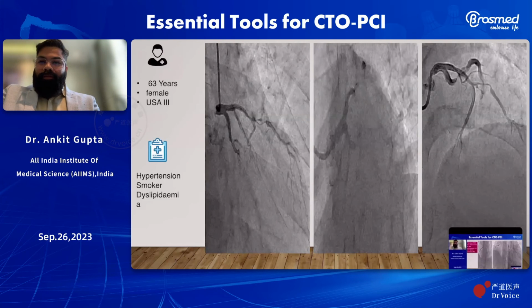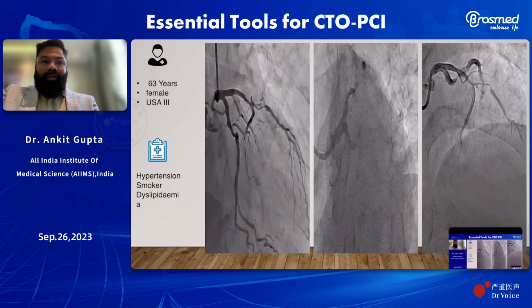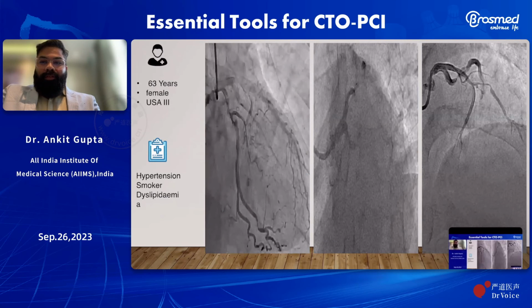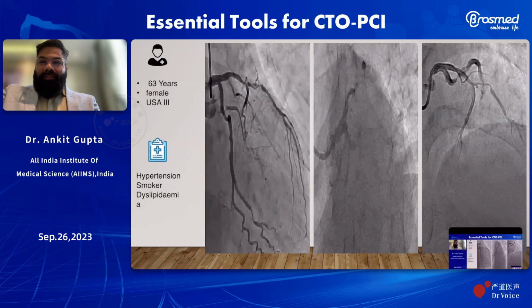So here's another case of a 63-year-old female with various cardiovascular risk factors, who presented to us with angina. Her coronary angiogram showed LAD CTO with diffuse disease in the RCA and the LCX.